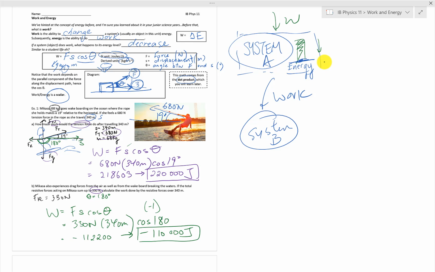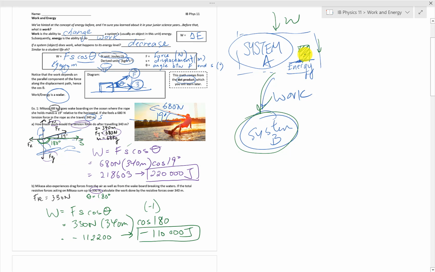Or you can think about the friction forces causing the air and the water around Mikasa to slowly heat up due to these friction forces. The work done on the surroundings causes Mikasa's energy level to go down is another way to think about it.